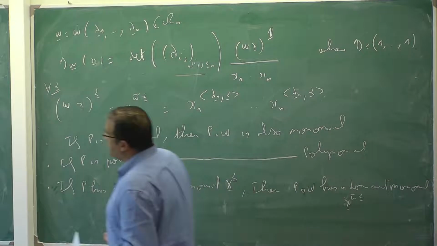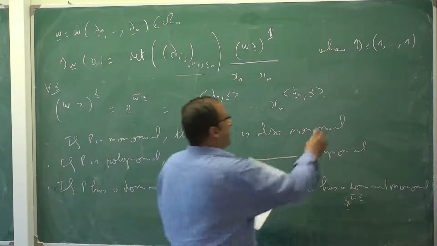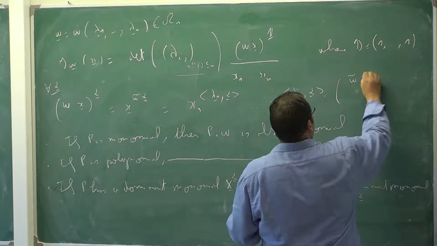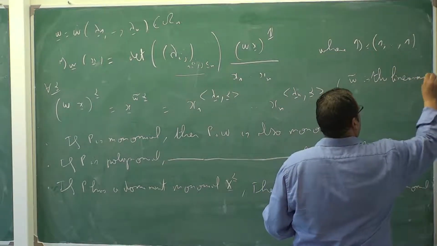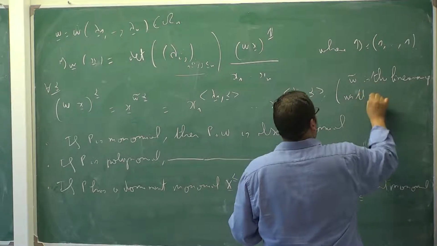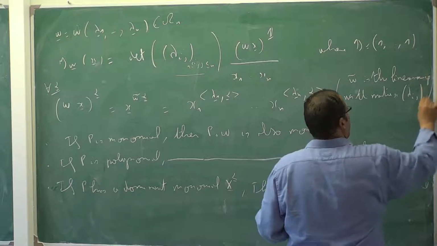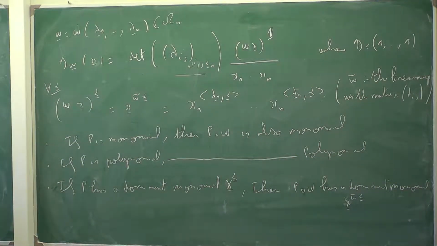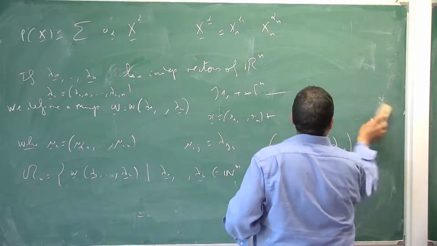Omega tilde, maybe I have to specify, is the linear map with matrix lambda ij. So with this notation, we can prove the following.